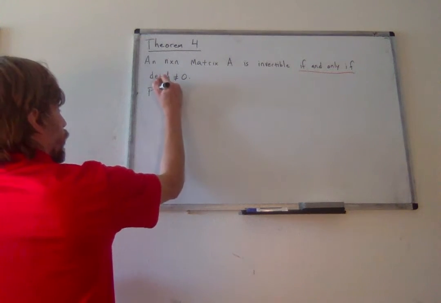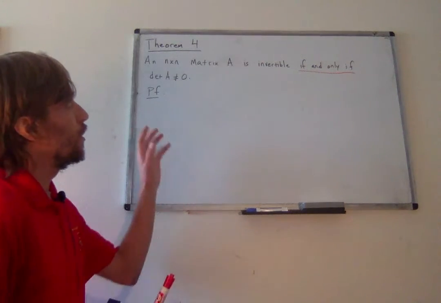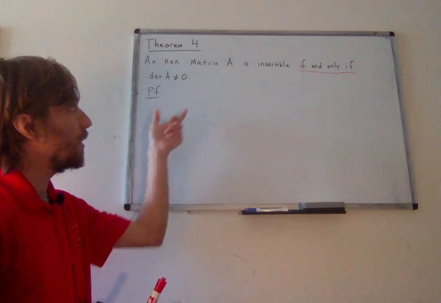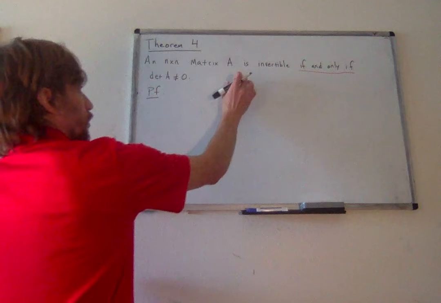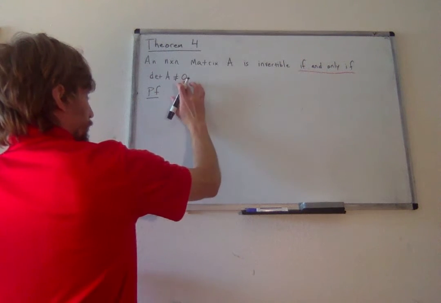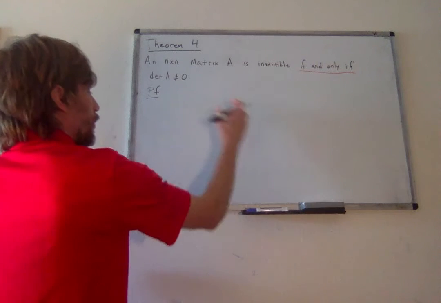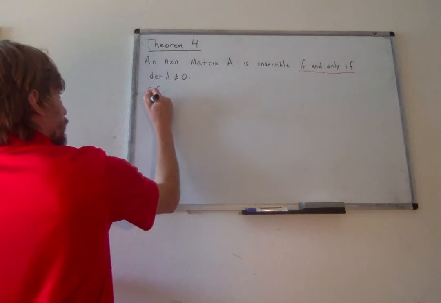Because we've shown one direction of this if and only if statement. Remember that an if and only if statement means that both things have to imply each other. That means I should be able to show that if A is invertible, then its determinant is non-zero. But I should also be able to show if its determinant is non-zero, then A is invertible.